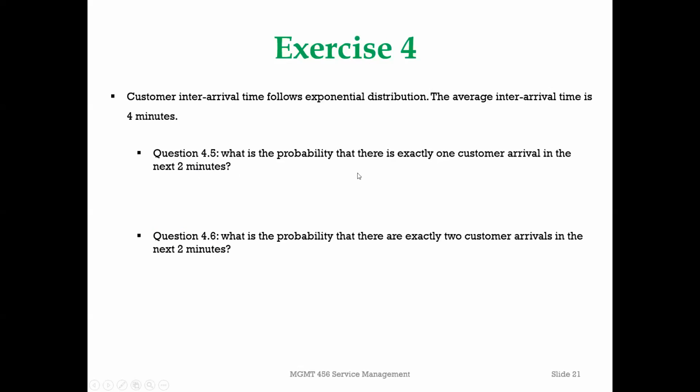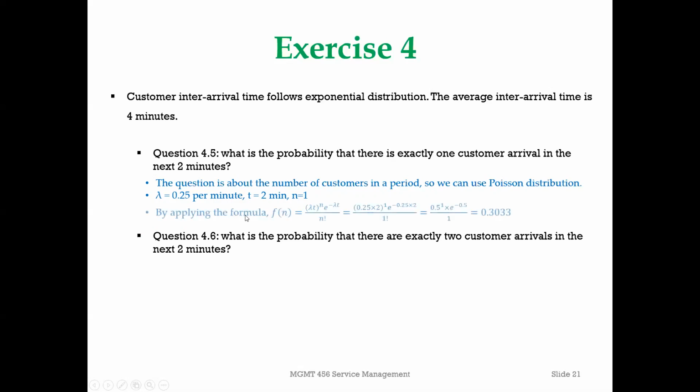Lambda is 0.25 per minute, t is 2 minutes, and n is exactly 1. We plug in all the values, do the calculation, and get 0.3033. So there's about a 30% chance you might see exactly 1 customer in the next 2 minutes.